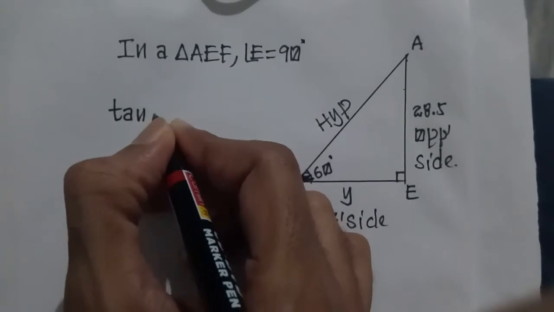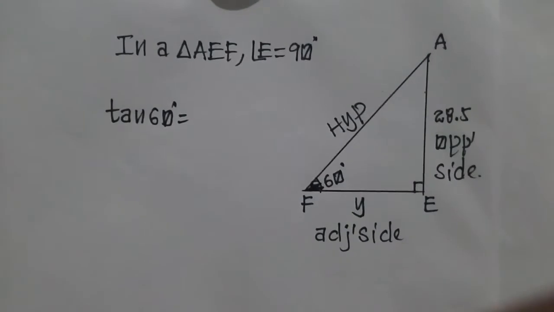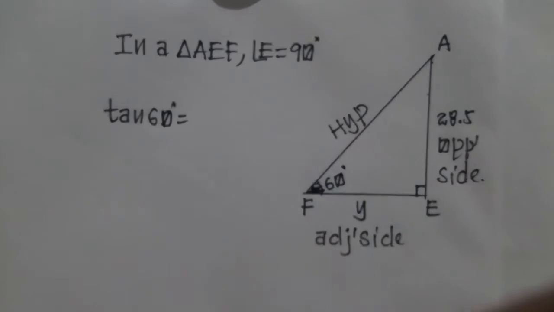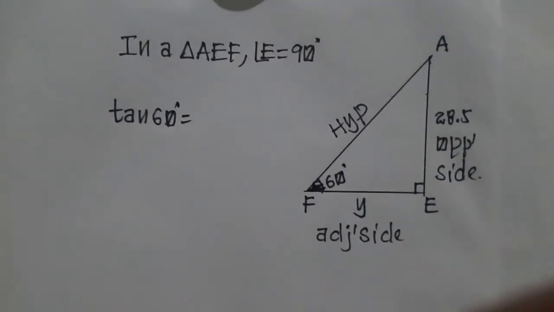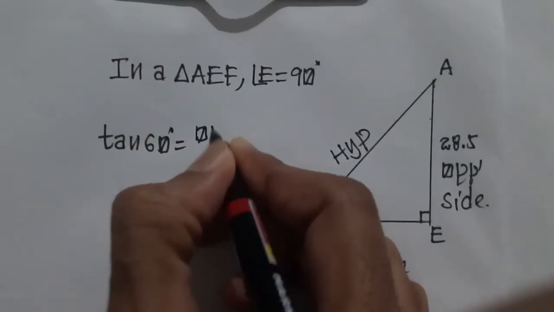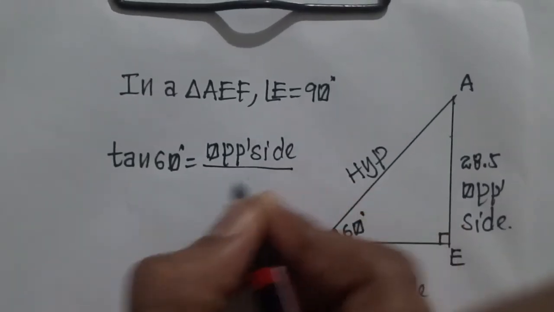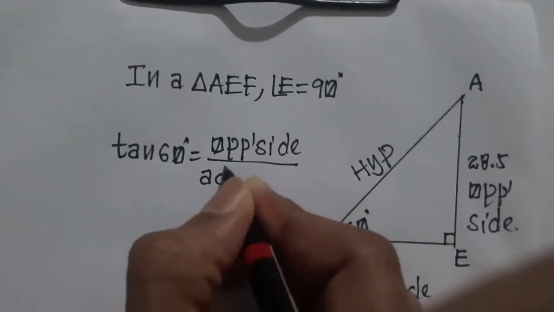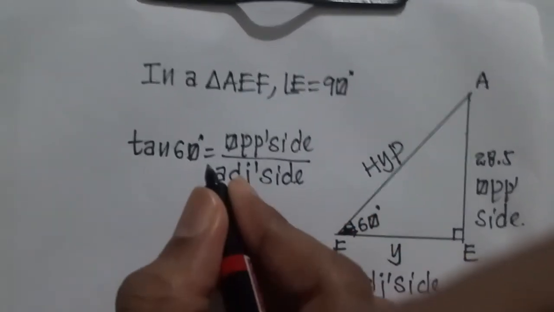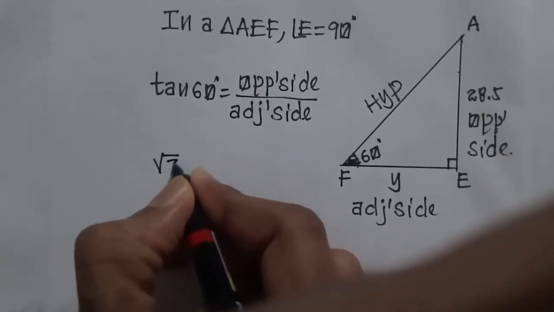Tan 60 degrees is equal to opposite side by adjacent side. Now here tan 60 degrees is equal to root 3.